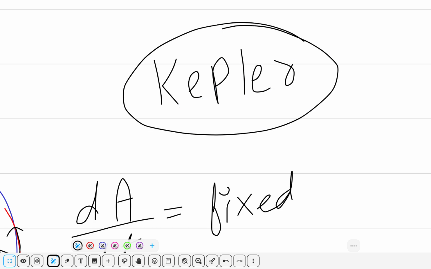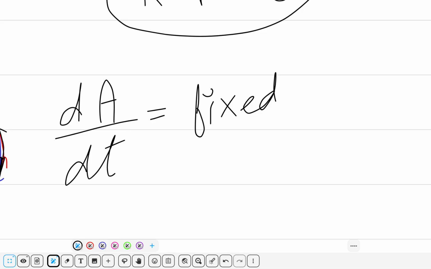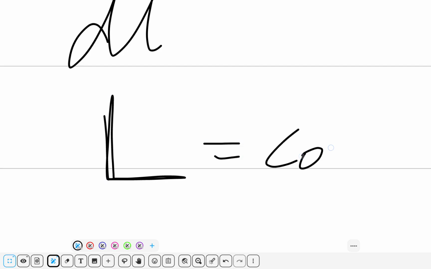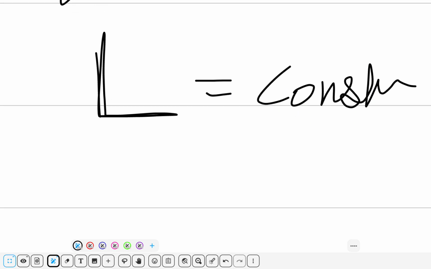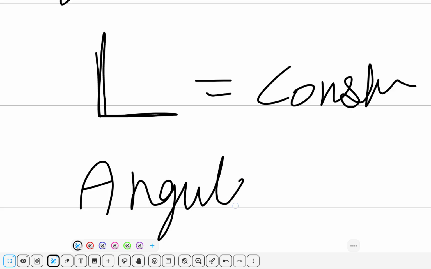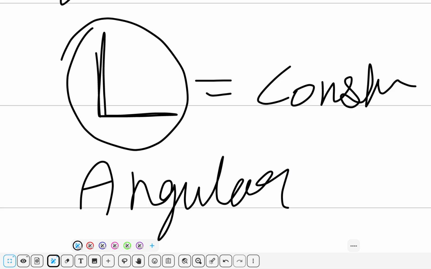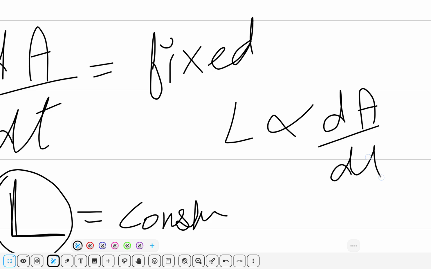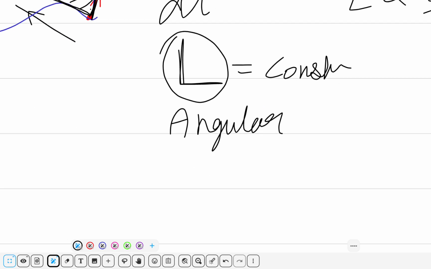There is a law named after him for this. But in a more standard way, we write this: L is constant, or we can say angular momentum is constant. Angular momentum is not the measure of area getting covered, but angular momentum is proportional to this. It's always constant, and we write it this way.